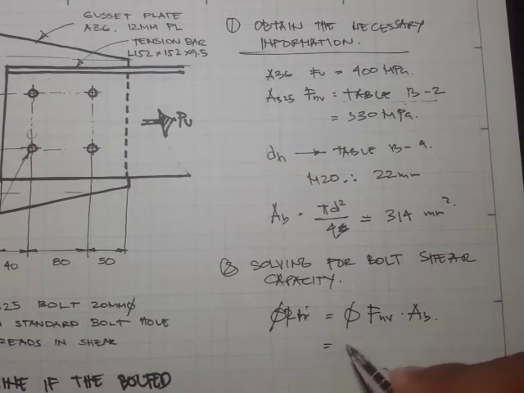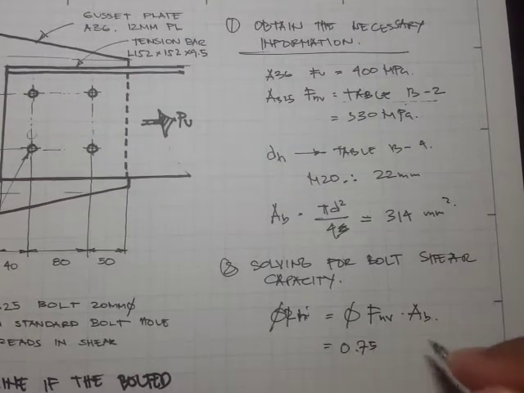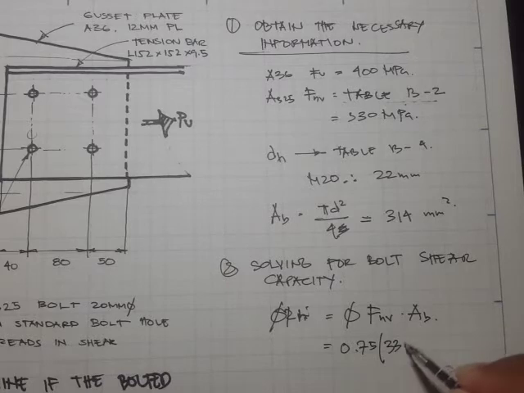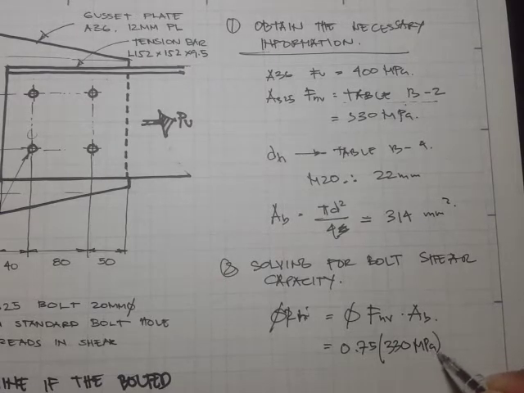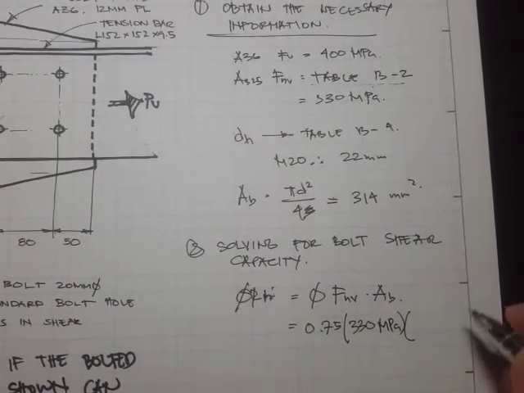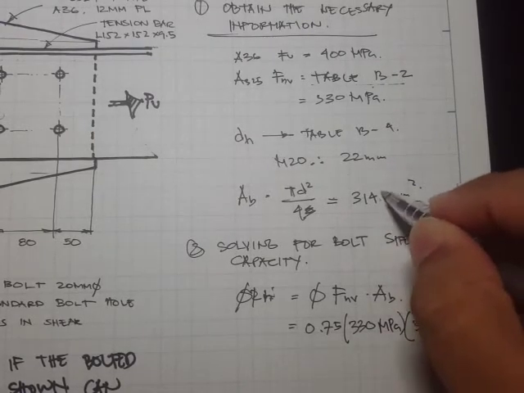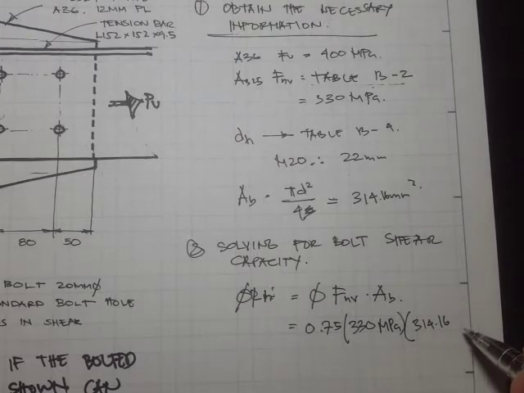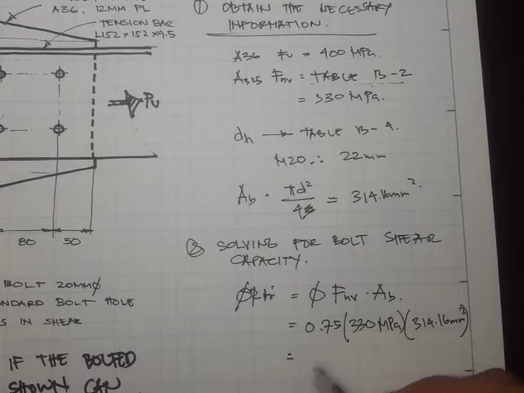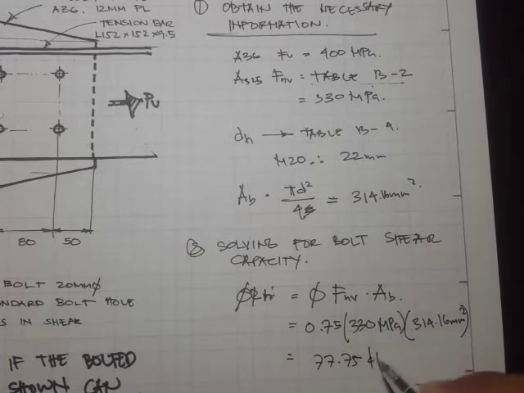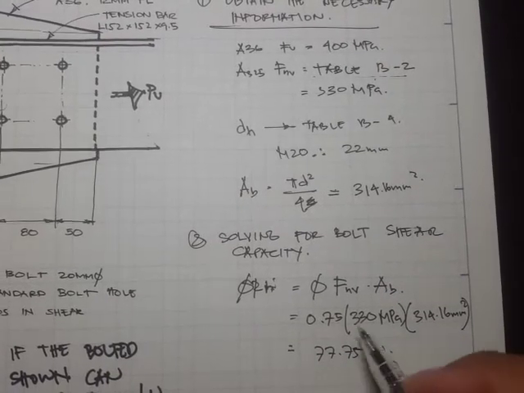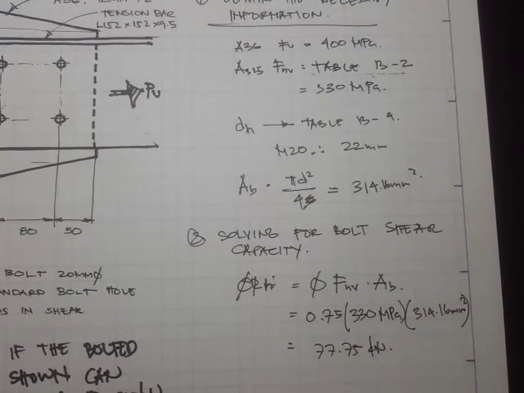Okay, so let's substitute the values. We have 0.75 times 330 megapascals times the area of the bolt, which is 314 mm squared. So we have 77.75 kilonewtons.